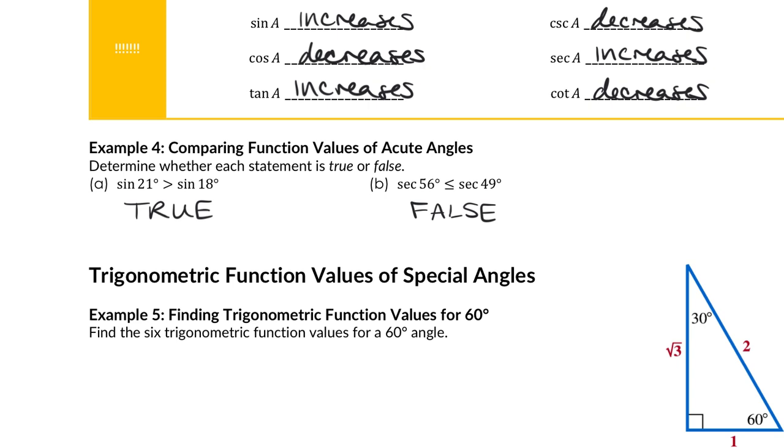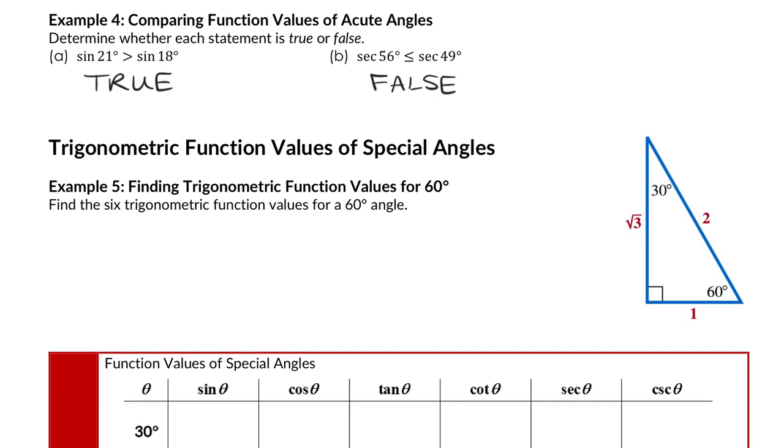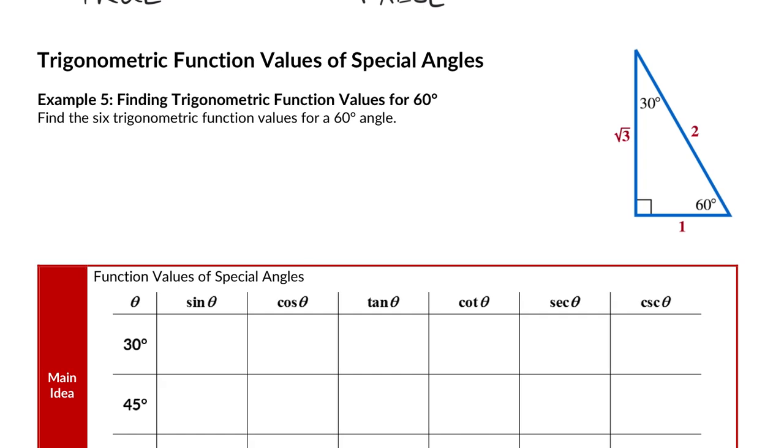Now we're going to start working with some special right triangles. I know we don't necessarily remember the relationships of these special right triangles because you've all told me that geometry was not maybe our best. But let's say we have this 30, 60, 90 triangle. In geometry class, you learned that there is a special relationship between the side lengths of a special right triangle.